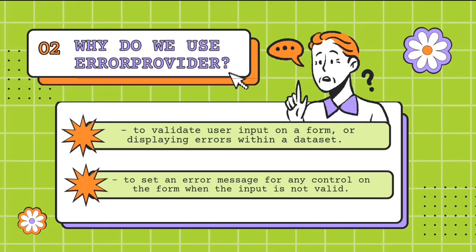In addition, it is used to set an error message for any control on the form when the input is not valid. Meaning to say, it determines whether the data is correct or incorrect, declaring an error, and finally displays the error message once it doesn't satisfy the specified condition for the control.